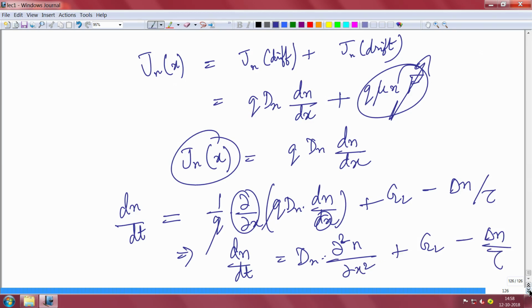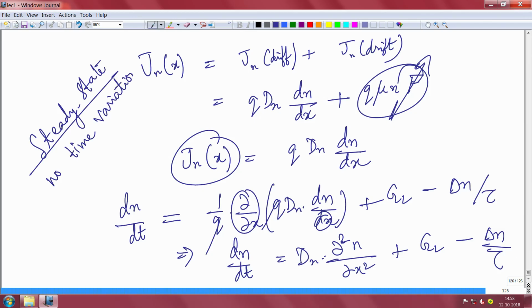If we talk about steady state, in steady state there is no time variation, which means this quantity is 0.